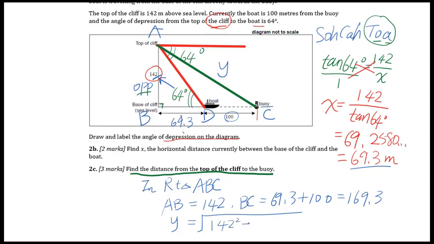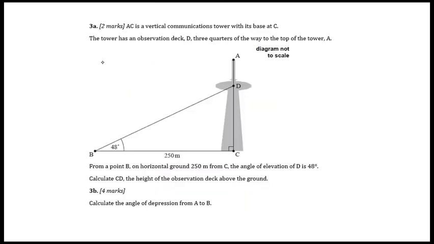For AC, that is Y equals, using the Pythagorean theorem, you will get square root of 142 squared plus 169.3 squared. Through graphing calculator, we will get 220.9671 meters. Let's go to 3A.